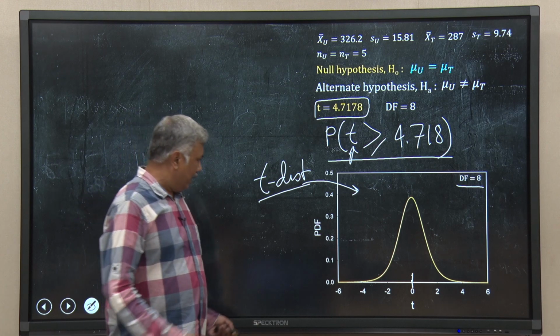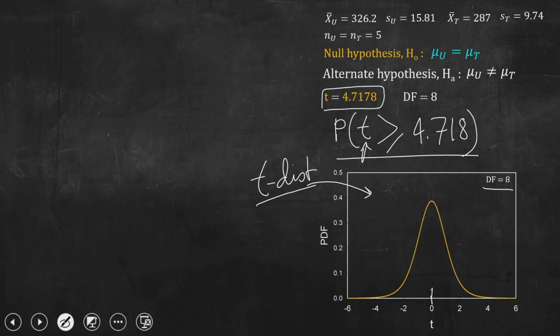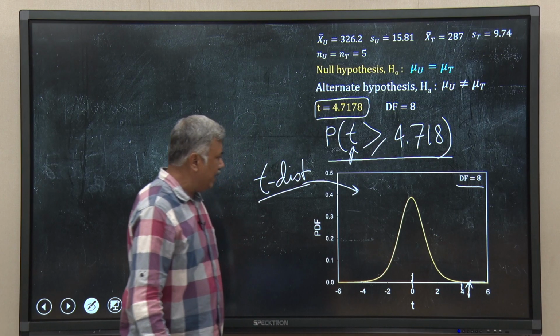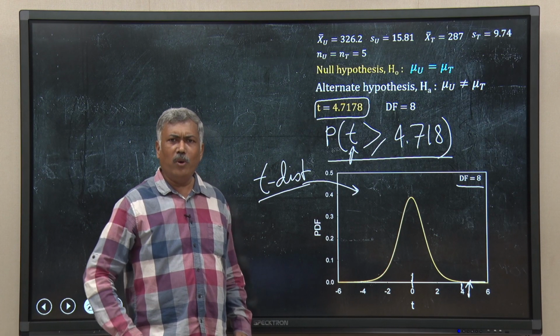So, how should I do that? Let us look into the diagram. Our t value is 4.718, so it will be somewhere here. I cannot draw it exactly, but somewhere in this area will be the area under the curve, and you can easily see that the area under the curve will be very small.